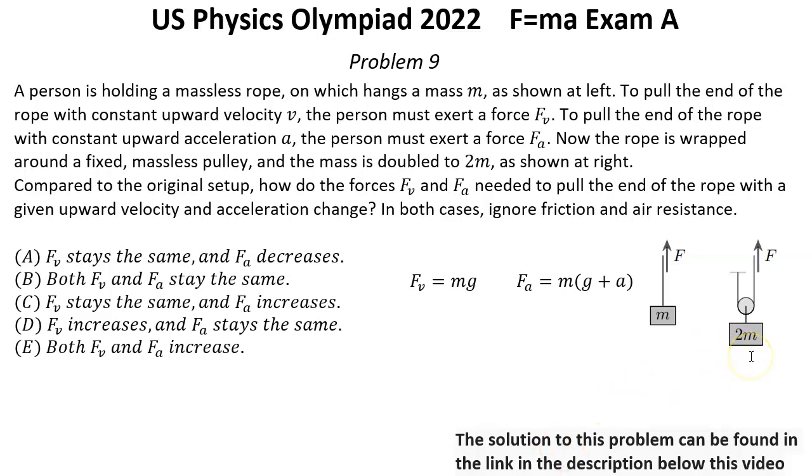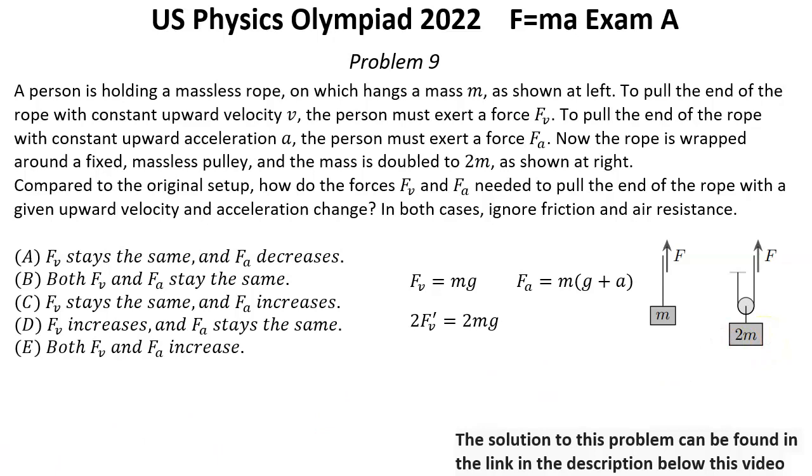Here, to pull this mass with a constant speed, we need to exert force Fv prime, calculated from this equation, because now force Fv prime is applied to both ends of this rope. It means that the total force applied to mass 2m equals 2Fv prime, and that's equal to 2mg. And to pull this end with acceleration a, we need to pull this mass with acceleration a over 2.